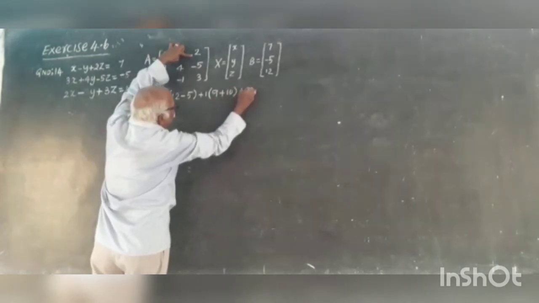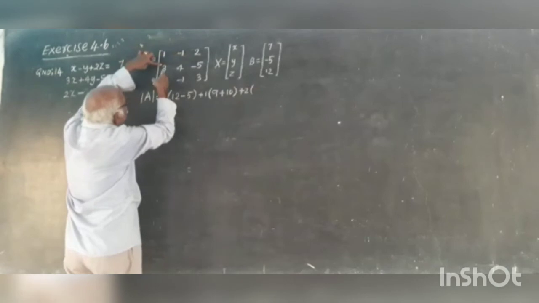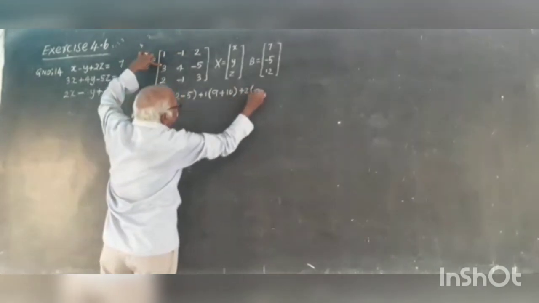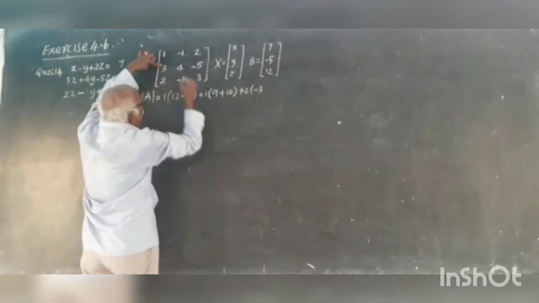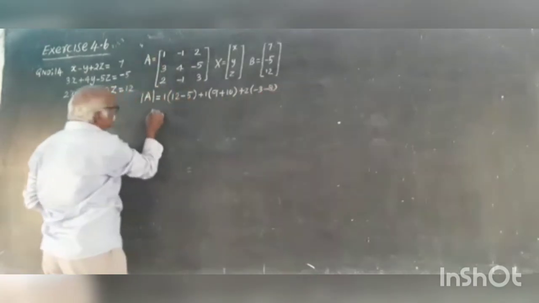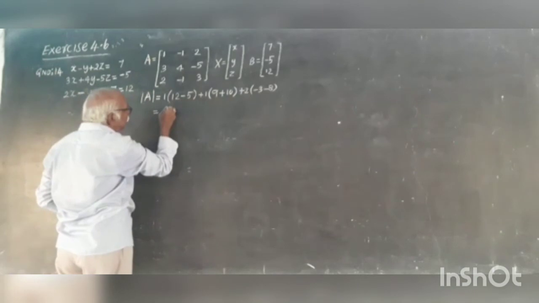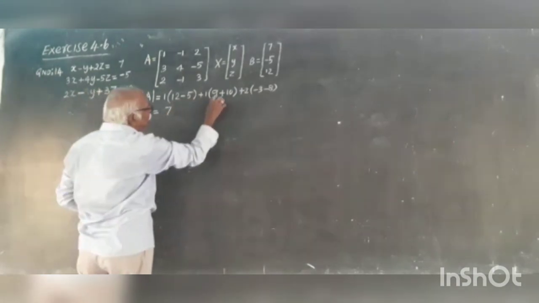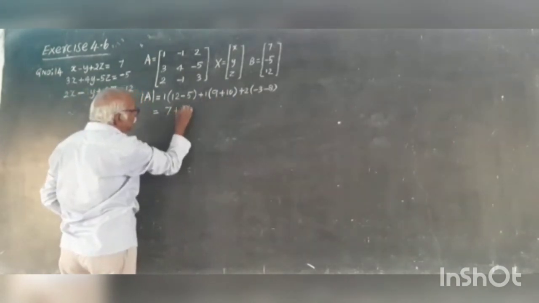Plus 2. 2 into 3 into minus 1, minus 3. 4 into 8, minus 8. Plus 8, formula minus 8, is equal to 12 minus 5, 7. Then 19 into 1 plus 19.